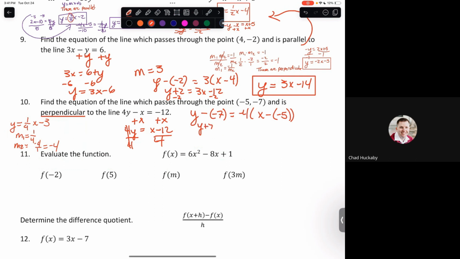So we get y plus 7 is equal to -4x, -4 times a positive 5 is -20. Subtract 7 from both sides, and we get y is equal to -4x minus 27. Did I do that math right?